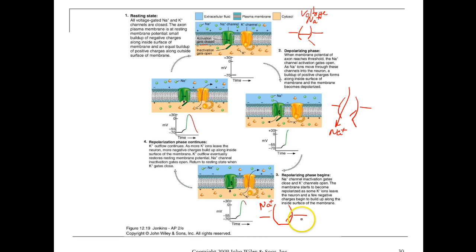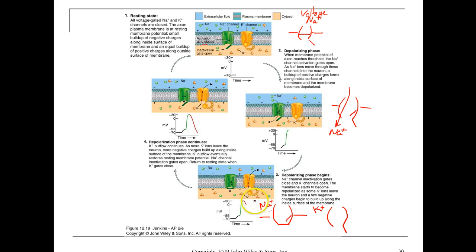That means that sodium can't pass through anymore. But what is open now is our potassium channel. If we look at that potassium channel, it only has one gate, and now that gate is open. Previously it would have been closed, and now it's open.